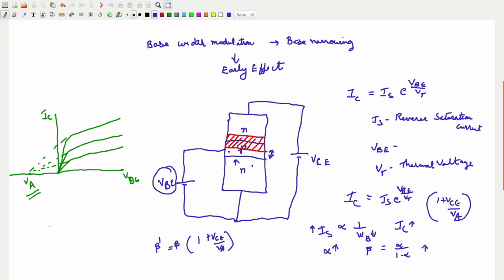And we know that IC is equal to beta IB. Here it is beta dash IB.